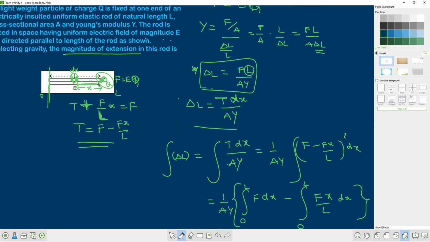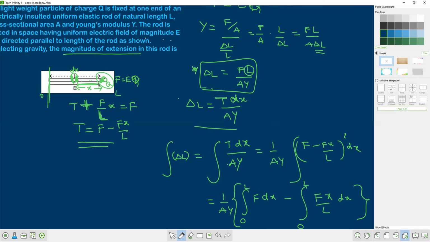Because of that force, at every point of the rod there will be some expansion, but not equal expansion at every part. As you go away from the charged point, the tension will decrease, so the expansion also will decrease. So if you consider a small element of the rod dx at a distance x, then you have to calculate the tension at this particular part.